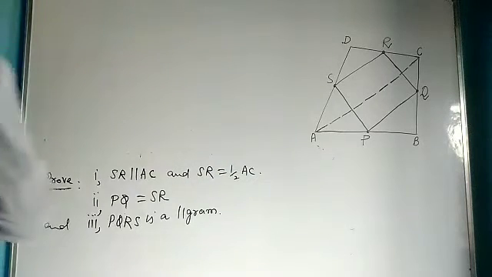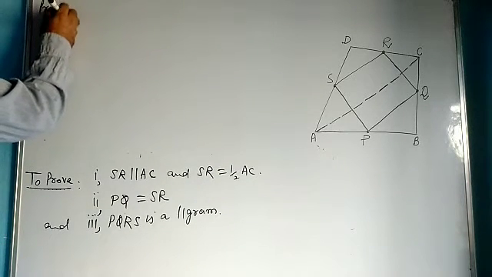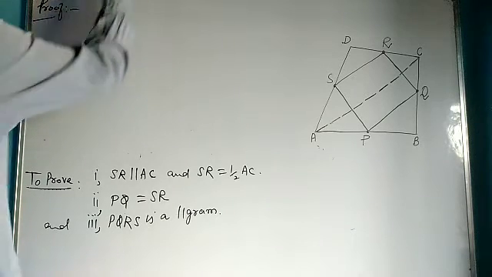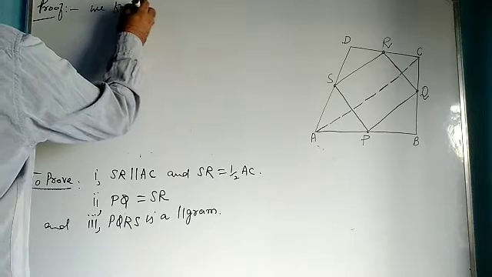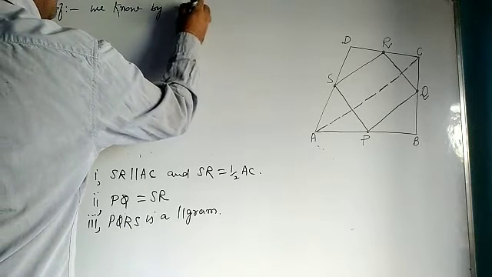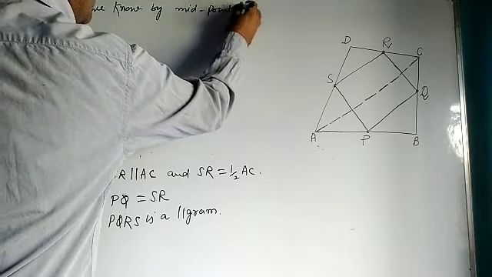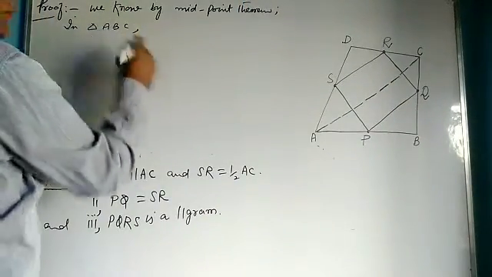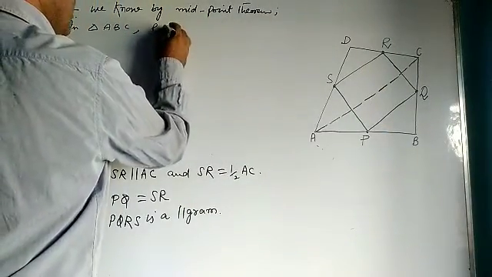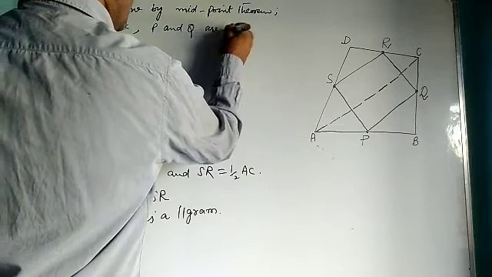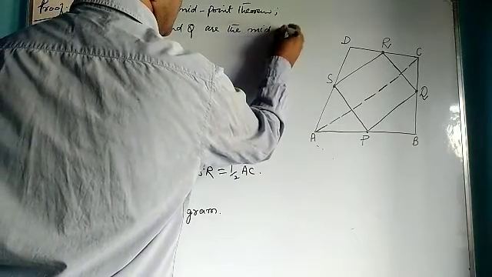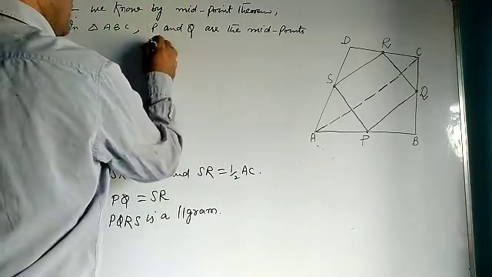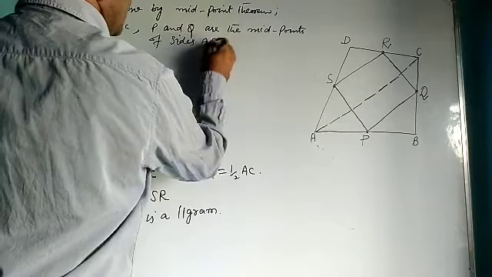Now the proof of the question is: we know by the midpoint theorem, here in triangle ABC, P and Q are the midpoints of sides AB and BC.